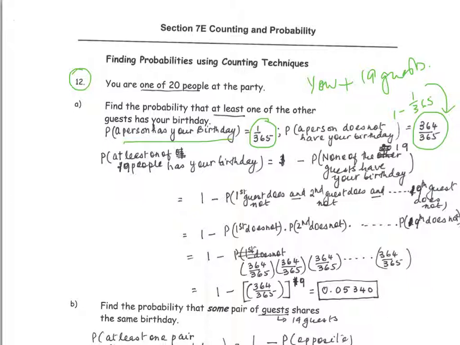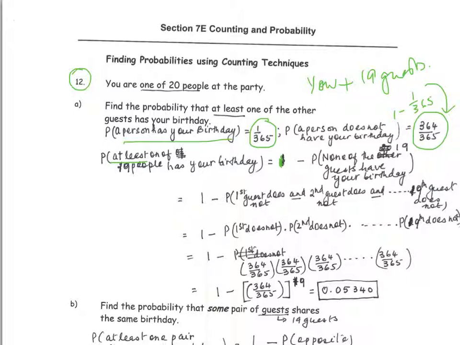So what is the probability that at least one of the 19 people has your birthday? Remember, the term at least suggests using the at least rule because it's much easier than listing different possibilities for 20 people in the party.